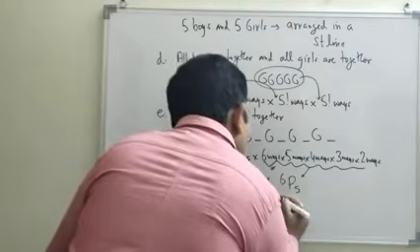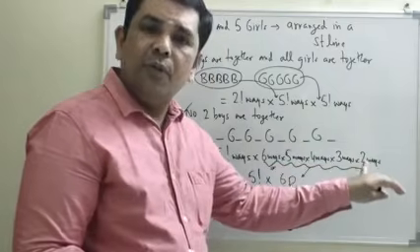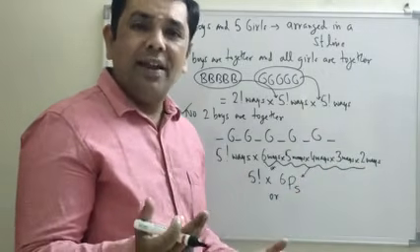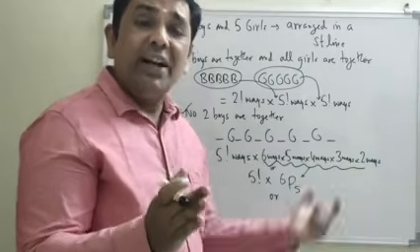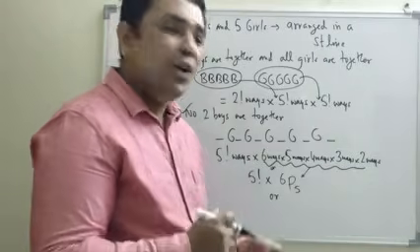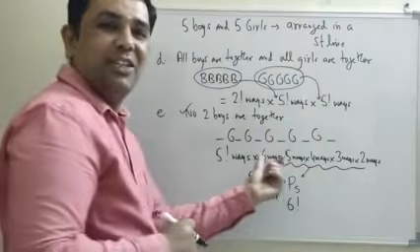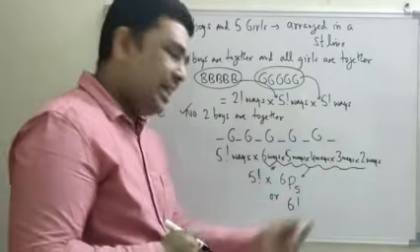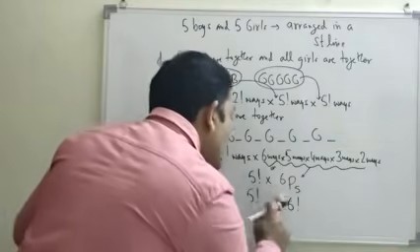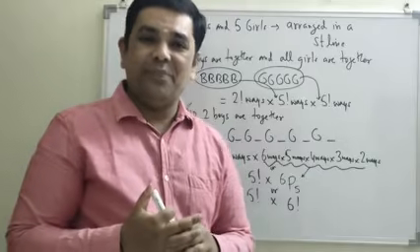Let me tell you another thing. 6 into 5 into 4 into 3 into 2. What is missing to make it 6 factorial? Only into 1. And into 1, whether it is there or not, does not make any difference. So this part can also be written as 6 factorial. And therefore, the answer to this question can also be written as 5 factorial into 6 factorial.